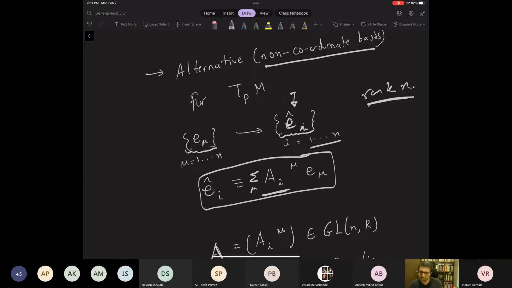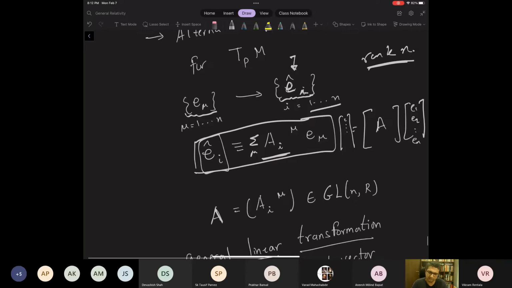Essentially, this is taking your E1, E2, En, multiplying by some matrix A, and it's spitting out some linear combination of those, and that new linear combination is what I'm calling E hat I, which is my new basis vector. And this matrix A, which in components is A I mu, should belong to a general linear transformation from n variables with real coefficients.